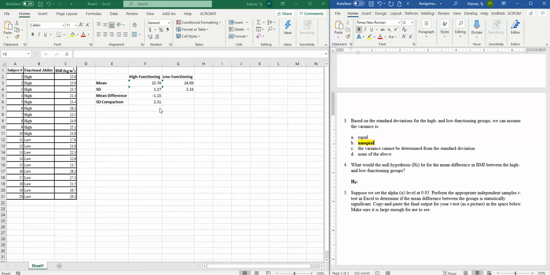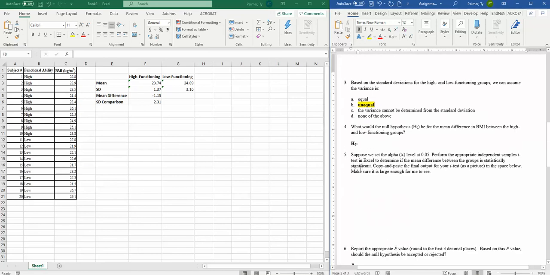If it's greater than 2, it's unequal. If it's less than 2, then it's equal. So a very easy interpretation here, once we've compared the standard deviations to determine if the variance is equal or unequal between the groups that we're testing. In this example, they are unequal.